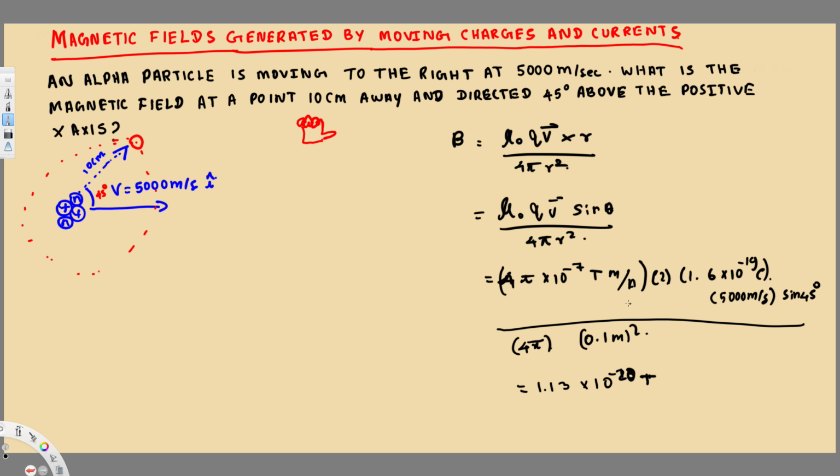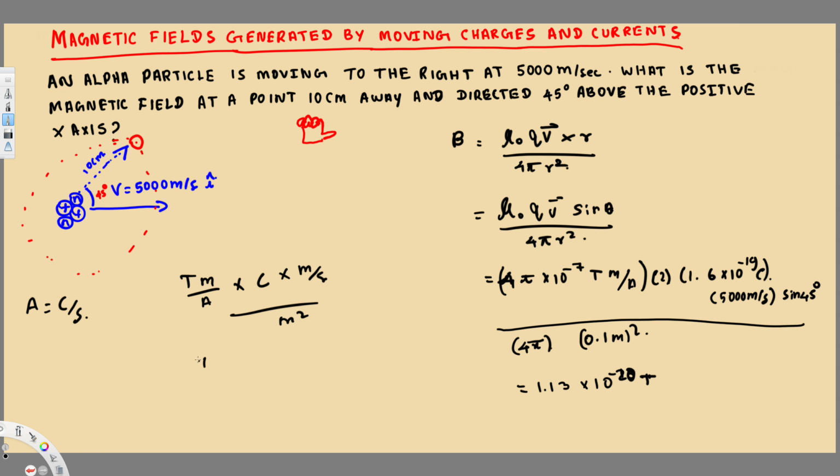And let's see how we derive Tesla from this. So here we had Tesla meter per ampere times coulomb times meter per second divided by meter squared, right? And ampere is basically equal to coulombs per second. So we can plug in coulombs per second instead of this ampere.